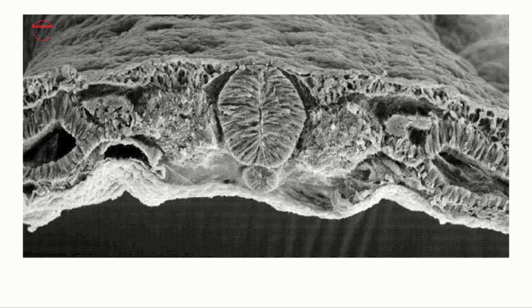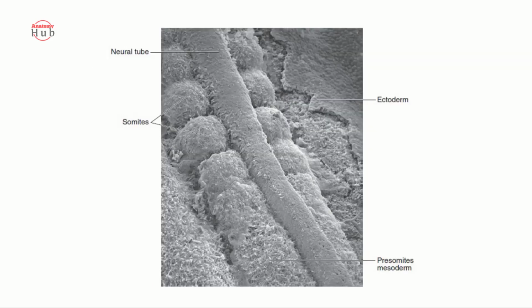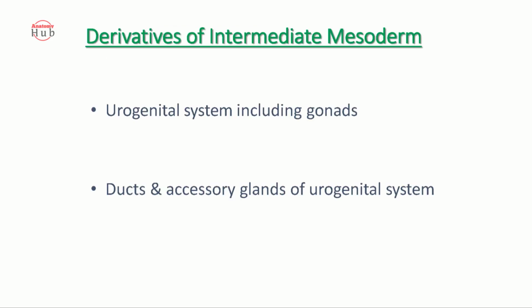So, what is the fate of this paraxial, intermediate, and lateral plate mesoderm? Paraxial mesoderm subsequently divides into segmental blocks, or you can say beads, called the somites. Intermediate mesoderm gives rise to the urinary and genital system.